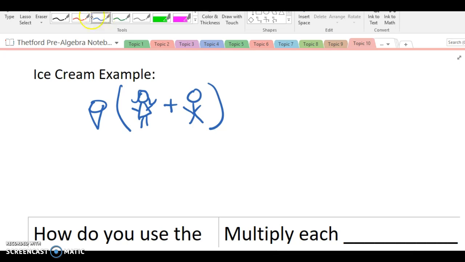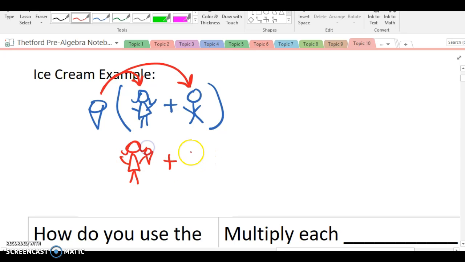So when we go to get ice cream, we make sure that we both get our own ice cream cone. And so that ice cream is given to me, and it is given to my brother. So now we both have ice cream. And so what's important about this is that this ice cream is being given to both people in the parentheses, which means it's being distributed to both people.